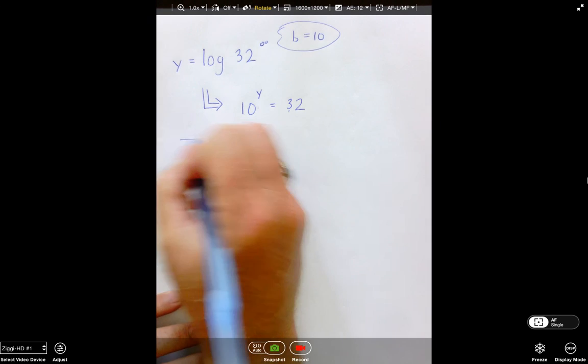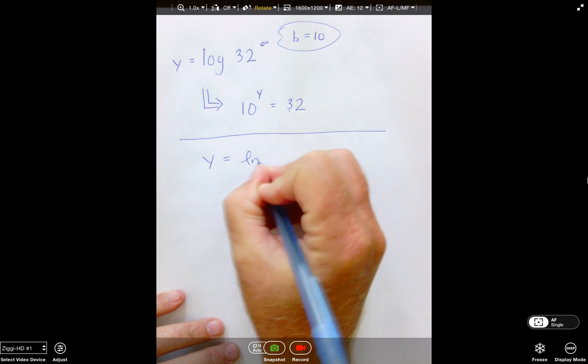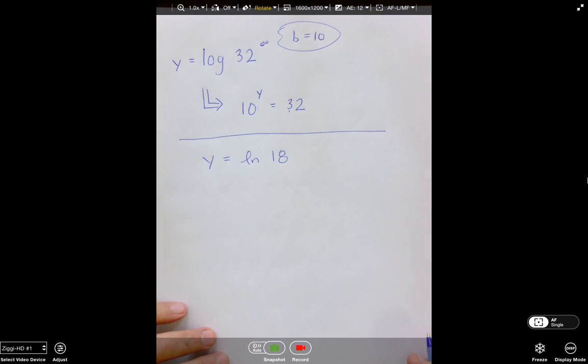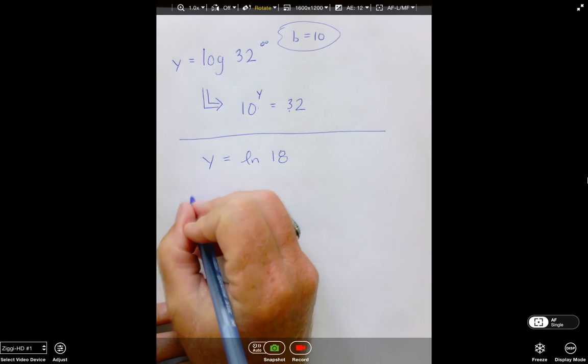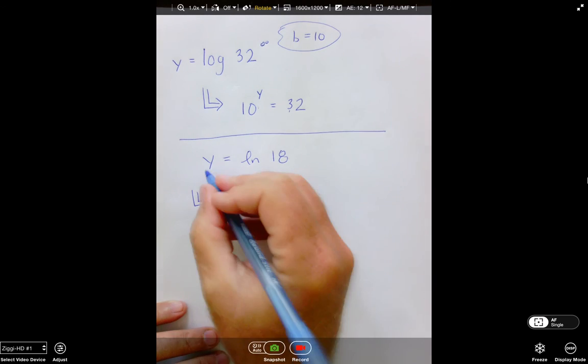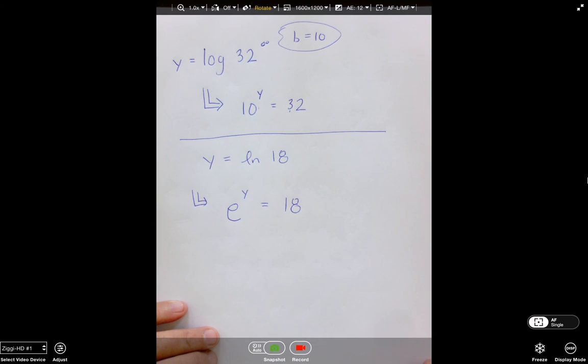Same thing, y equals the natural log of 18 is telling us without question base e to that answer equals 18.